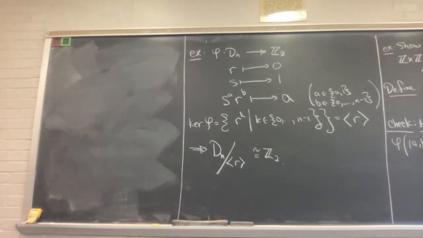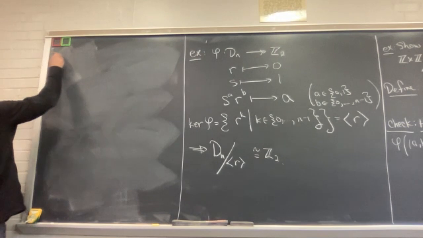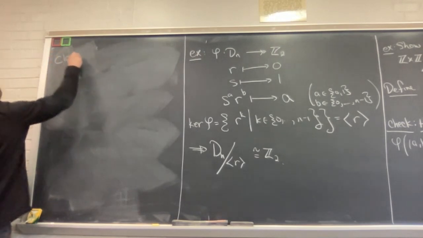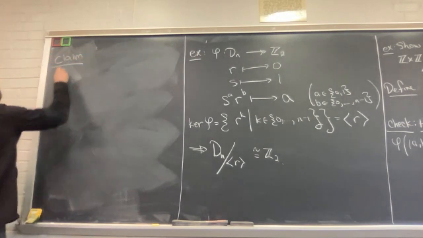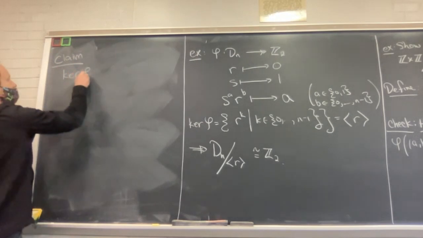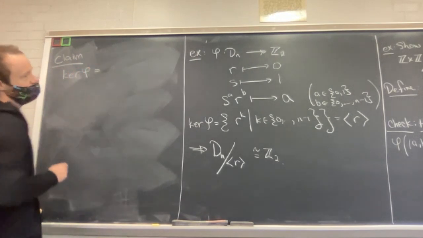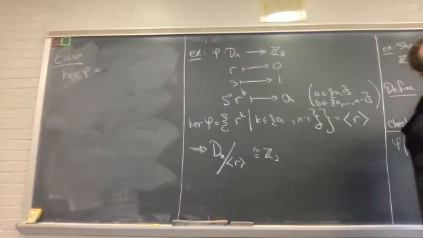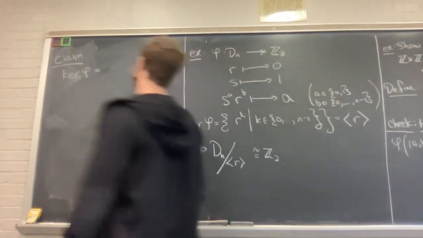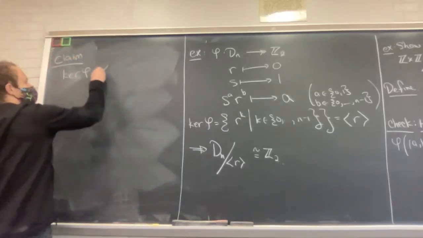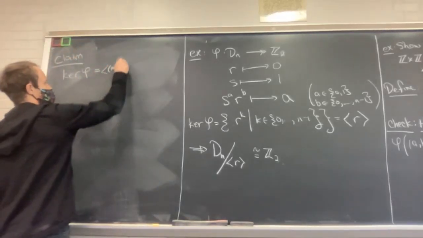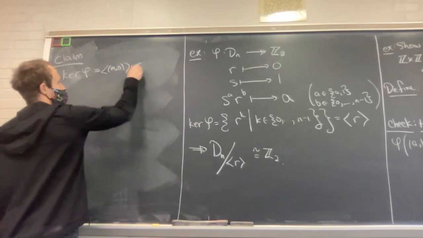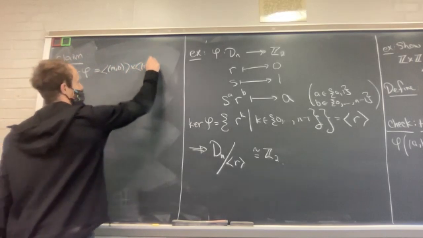Okay, so let's maybe make the claim. Let's claim the kernel of phi is equal to this subgroup right here of Z cross Z. So that's going to be the cyclic subgroup generated by (m,0) cross the cyclic subgroup generated by (0,n).